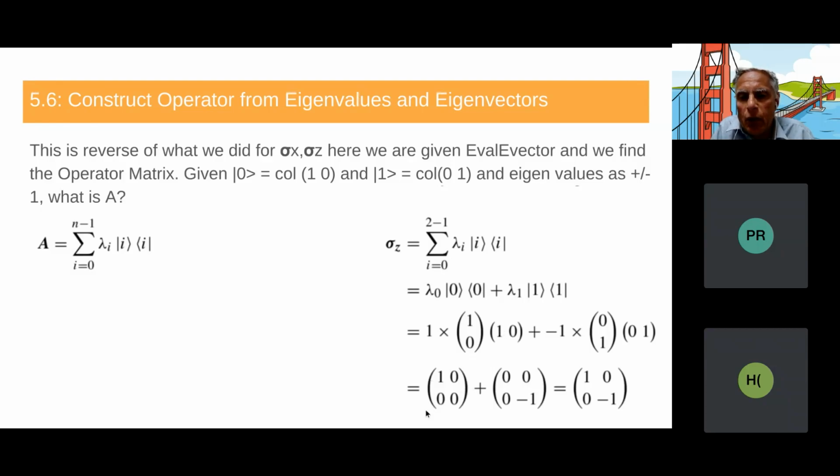So basically we are trying to solve this 2 by 1 into 1 by 2. Essentially we have calculated this based on the numbers, and we are ending up with 1 0 0 minus 1.